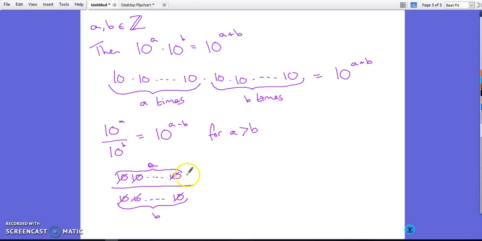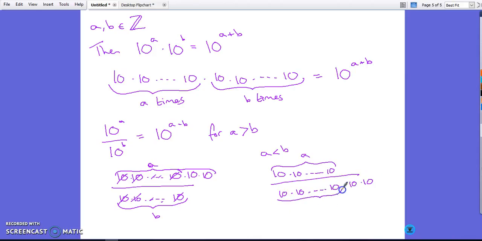And so if we had A as being bigger than B, it might be a few more larger than B. If they matched up, then we can cancel all of these ones and we'd just be left with those, which would be the number here, take away the number here. And actually, you could see it working the other way around as well. If A were less than B, then we'd have A lots of 10 here, and B lots of 10 here.